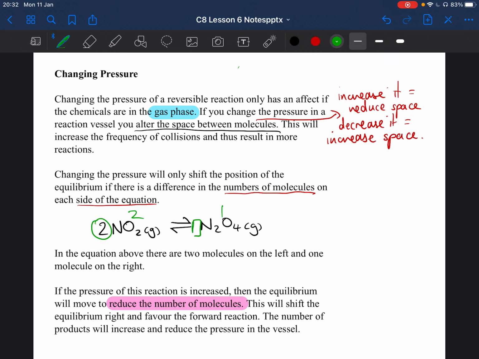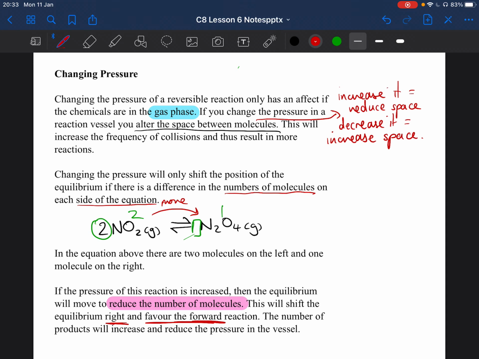And so what would happen here is, if we were to look at this part of our reaction again, we would see that we would get more forwards reactions happening if we increase the pressure. That would shift our equilibrium to the right and favour the forwards reaction, because we're going to reduce the number of molecules in the reaction vessel, which will reduce the pressure.